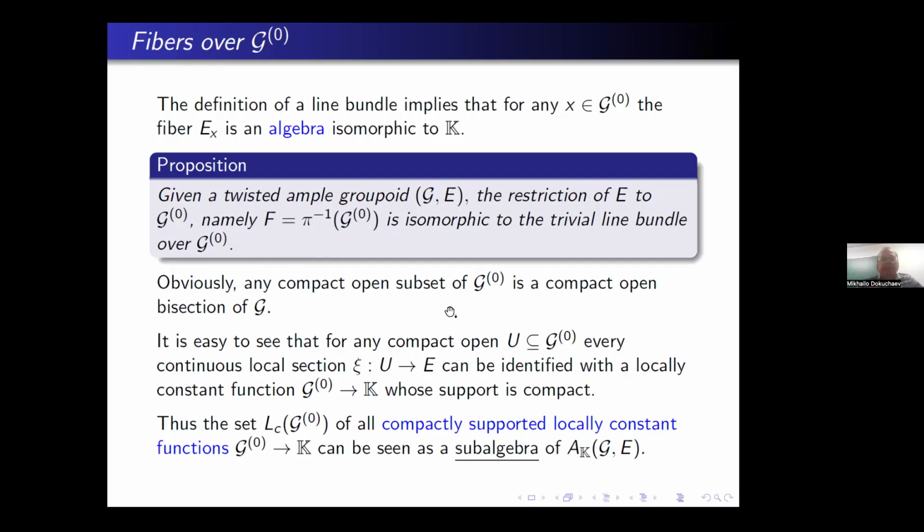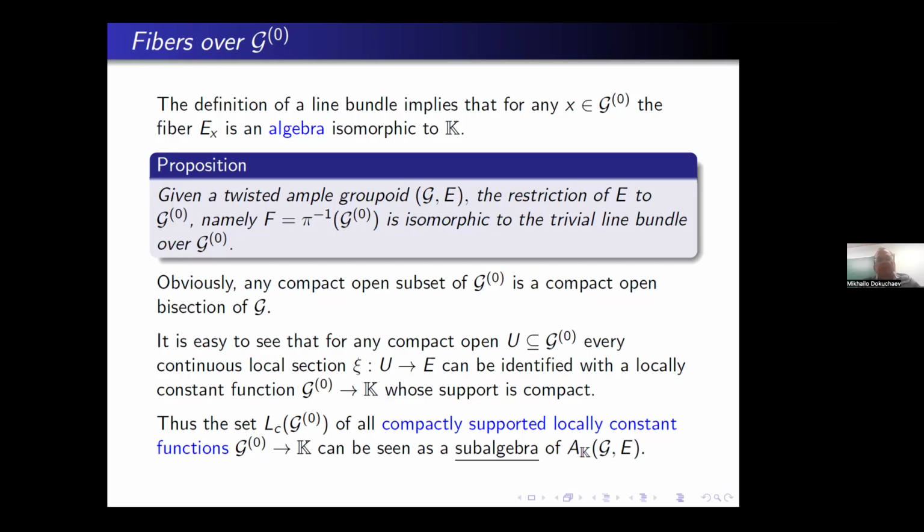And it is easy to see that if you take a compact open subset of the unit space, then any continuous local section takes values in fibers which are copies of K. But we can assume that they are just in the same field, and we can identify it with a function from the unit space into K, which is continuous, recalling that K has a discrete topology.